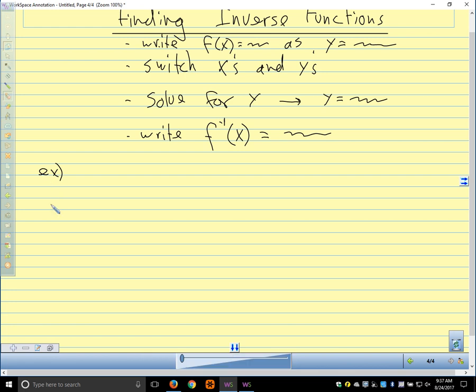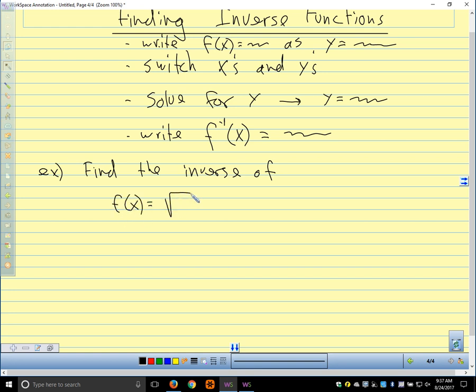All right, I just want to go through a couple of examples. The first one's pretty easy. The next one is the one that I particularly like. All right, so let's say we want to find the inverse of f of x equals the cube root of x minus 5.